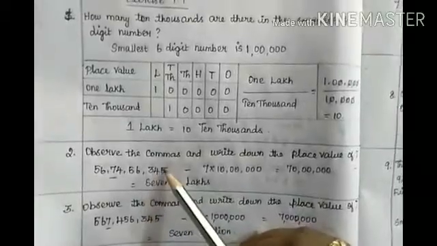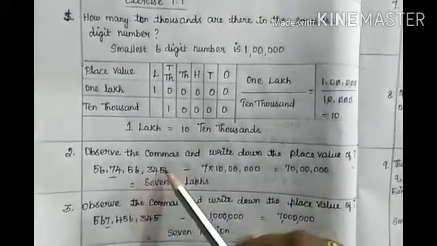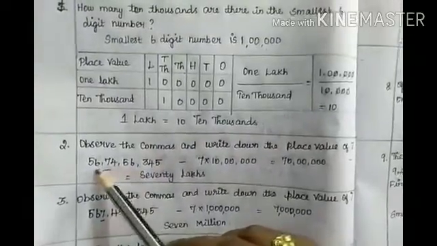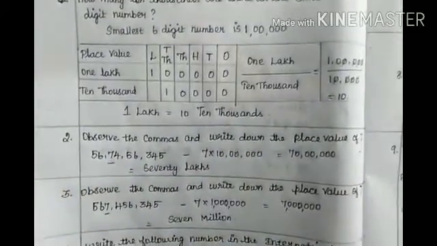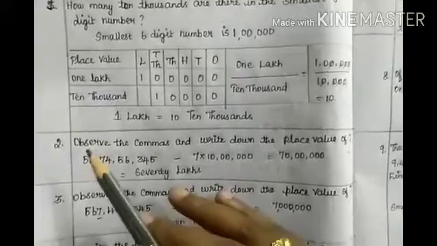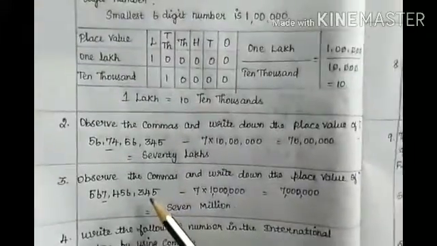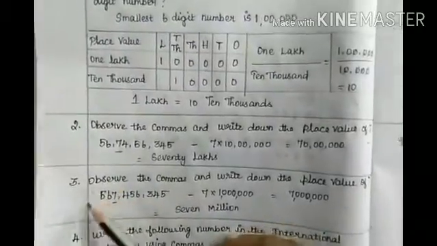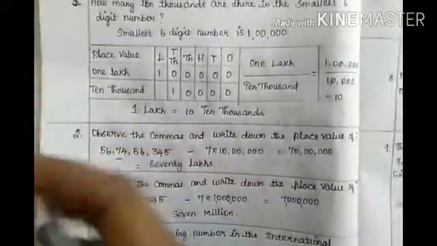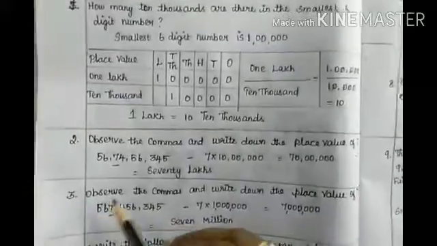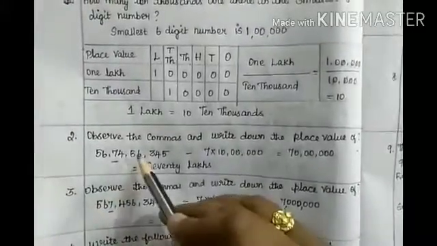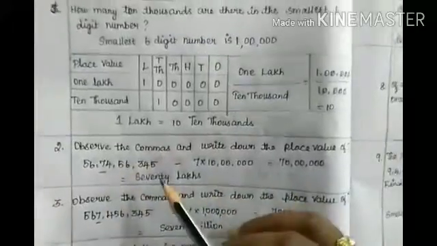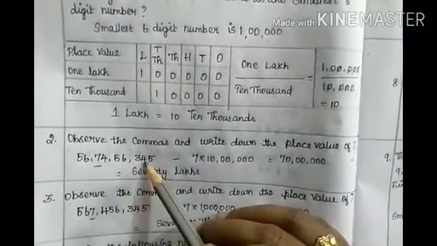Indian system means we put the commas from the last onwards: 3 digits first, then 2 digits, 2 digits, and the end is 1 digit. But in the international system, it is 3 digits, 3 digits, 3 digits, and so on. Here 2 digits, here 3 digits, so absolutely it is the Indian system.